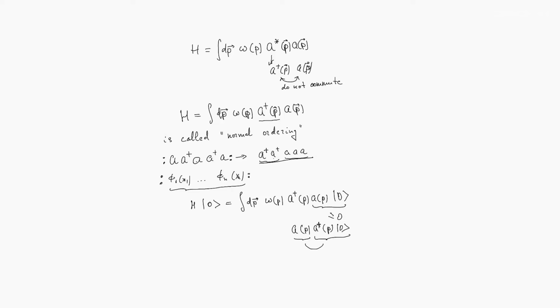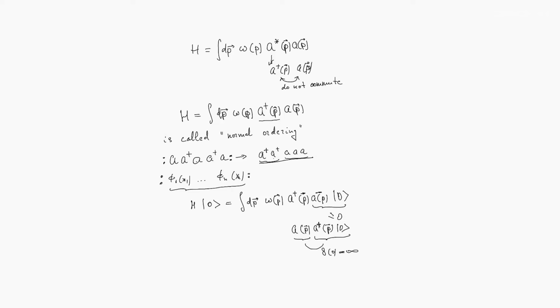So this is delta function evaluated at zero, and this is actually infinite, as we know. And in this case, you see that the action of the Hamiltonian on the vacuum state will give you a nonsensical result.